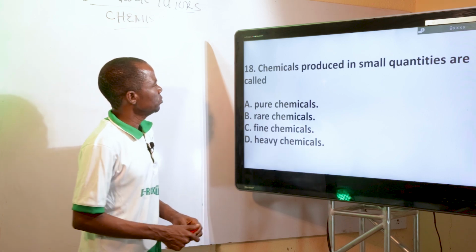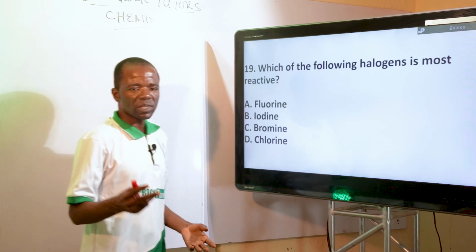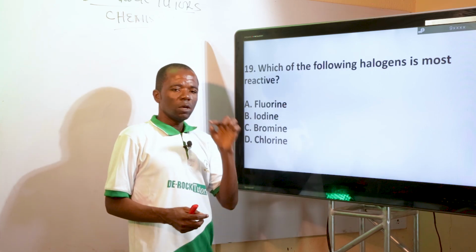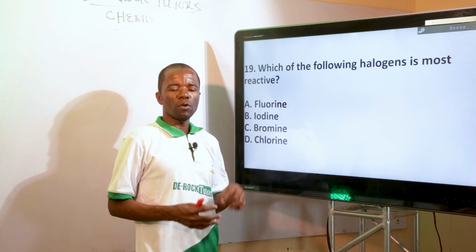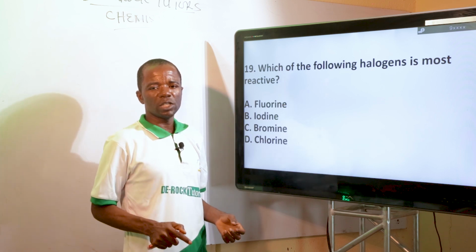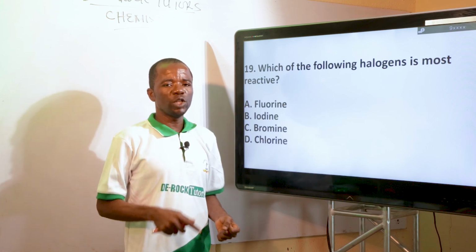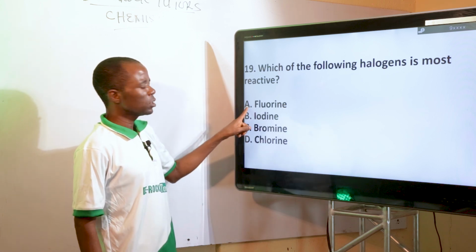Let's go to number 19. Which of the following halogens is most reactive? Halogens are located in group 7 in the periodic table. The first element in group 7 is fluorine, followed by chlorine, followed by bromine, followed by iodine, and then the radioactive halogen is astatine. And out of these halogens, the most reactive of them all is fluorine.